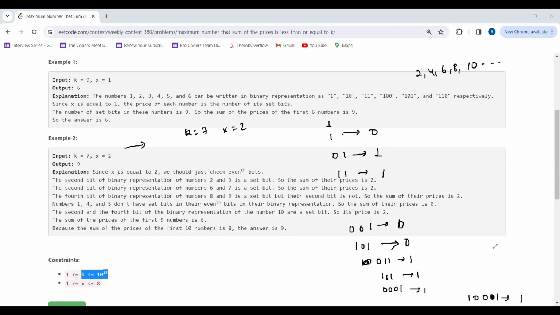Okay. So let's see all the elements we have included. What's the total price we have got? Here 8 will be 0, 0, 0, 1, so the fourth bit is set and it will be counted. 8 is 2 to the power 0, 2 to the power 1, 2 to the power 2, 2 to the power 3, so 0, 0, 0, 1 is 8.